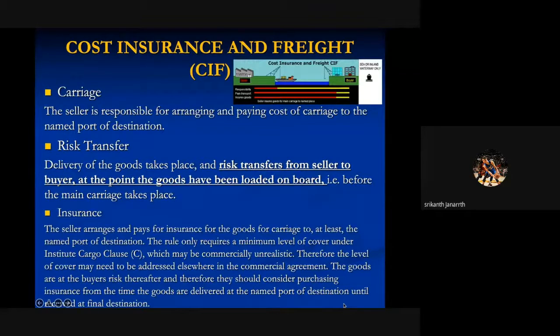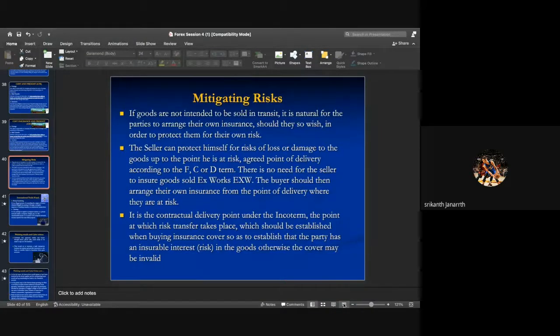Delivery of the goods takes place, and the risk transfers from seller to buyer at the point the goods have been loaded on board. If the seller meets that obligation, that's all. He need not bear anything. The seller arranges and pays the cost of carriage to the named port of destination. If he made the arrangement and the goods are given on board at that place, his responsibility is over. So your question should be covered here.